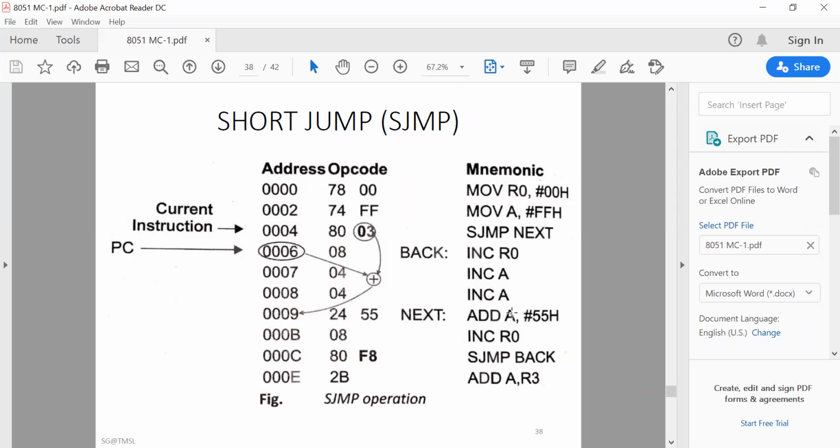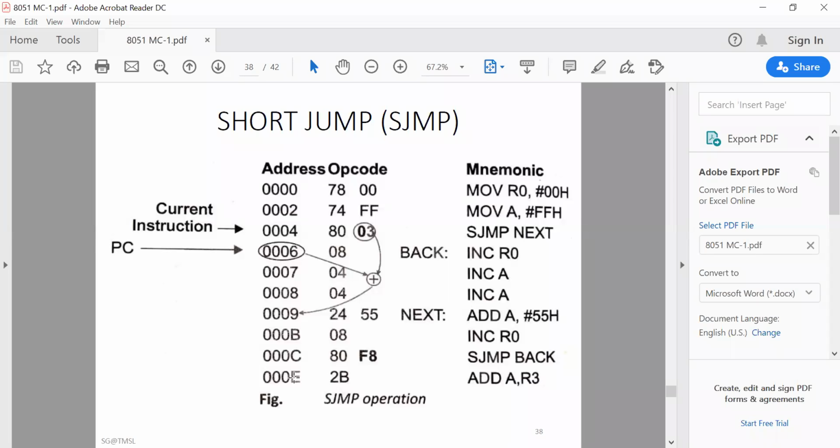While executing the jump back instruction, the PC contains 000E. So when this one is faced, the PC contains the next instruction address, which is 000E, and the destination address is this point 0006. If you subtract 0006 from 000E, this will be 08.